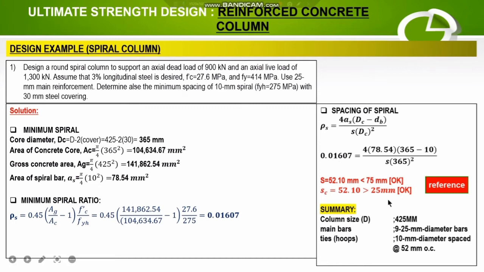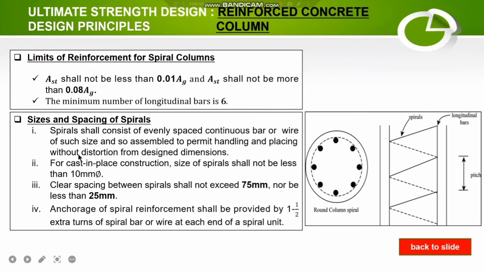And if we base it on code, the code further says that clear spacing between spirals shall not exceed 75 mm nor be less than 25 mm. So it is very clear that the clear spacing must be within the range of 25 mm to 75 mm.